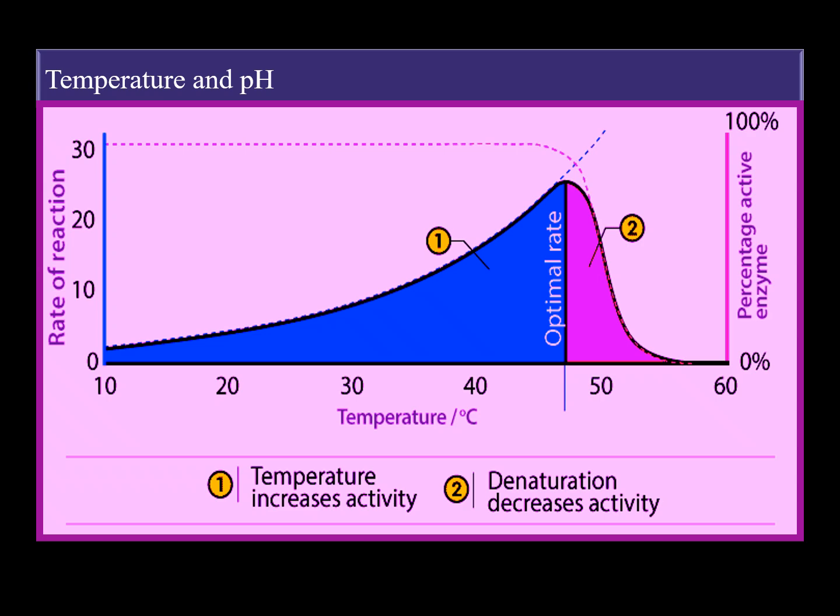Similarly, each enzyme has an optimal pH. For example, pepsin works best in acidic pH, while trypsin works best in alkaline pH. If pH goes far from optimum, enzyme shape changes and activity decreases.